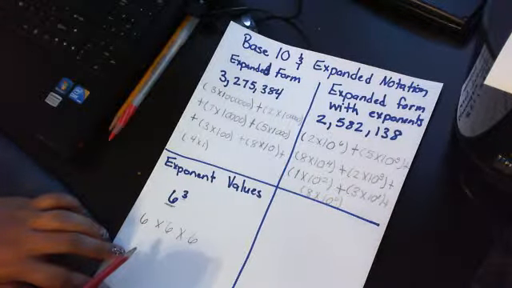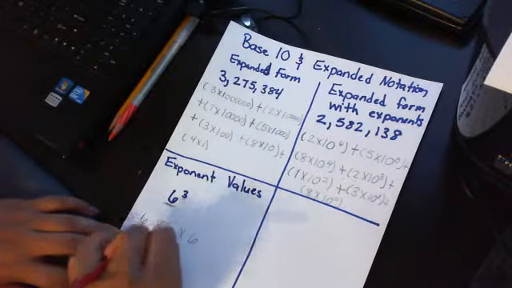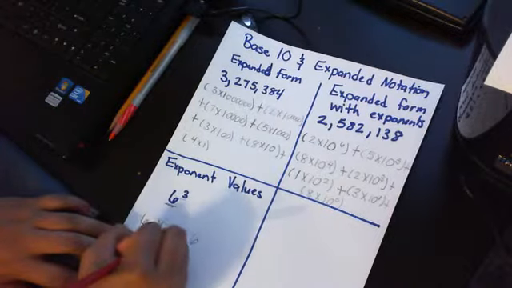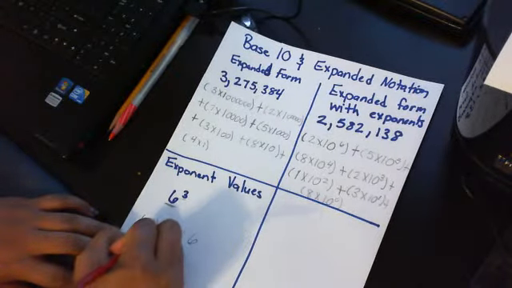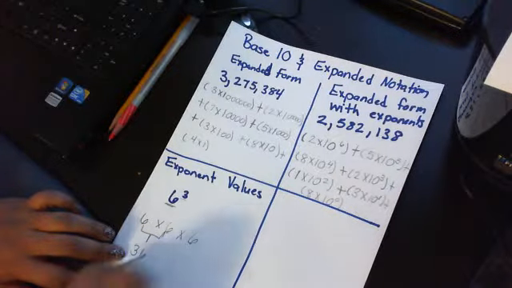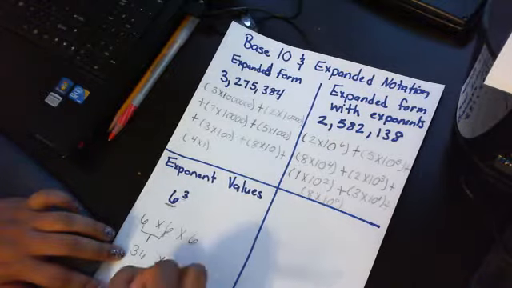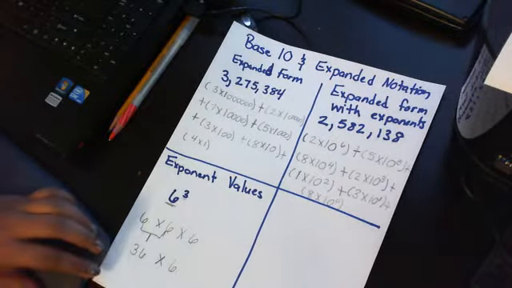So now we have to actually write out the value, because this week Miss Sills wants to know that you know the value. So we move from left to right, so 6 times 6 is 36. Times, and we still have this 6 over here, so we bring that 6 down.